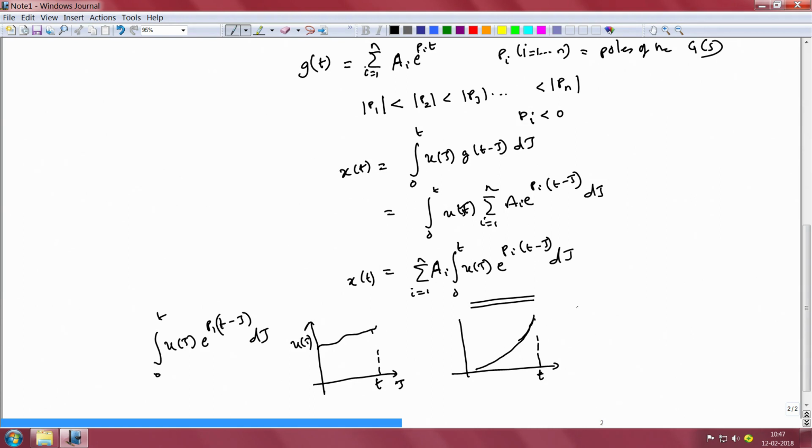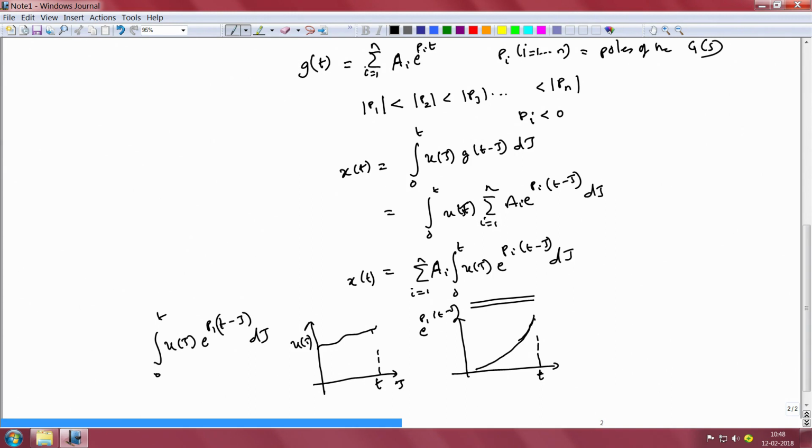This is decaying because we know that p1 is less than 0. So, u of tau times e to the power p1 times (t minus tau) is essentially the product of these two functions, and the integral is the area under the product of these two functions.